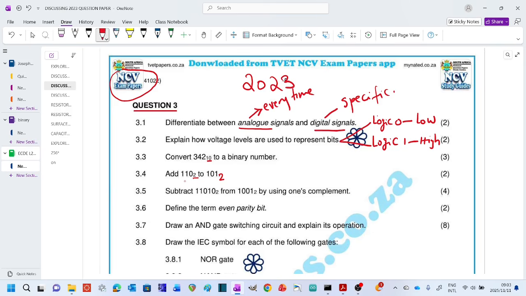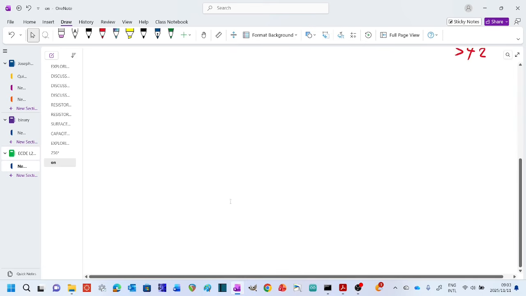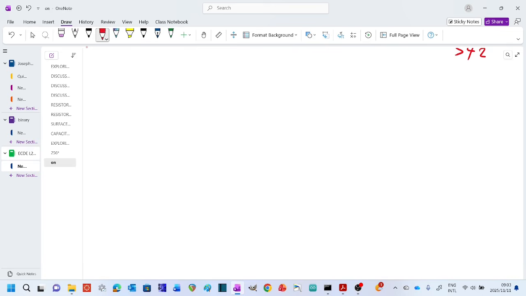So we are doing addition here, and this is very easy. This is binary addition. We have discussed that also. Before you do any binary addition, you have to adhere to the rules.